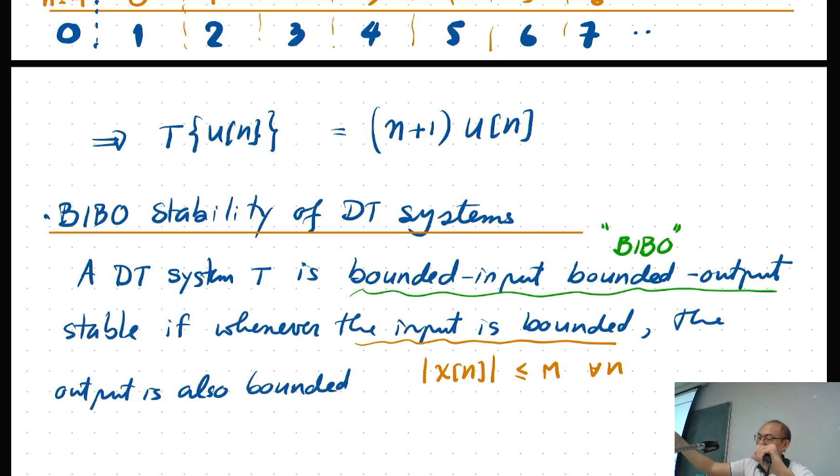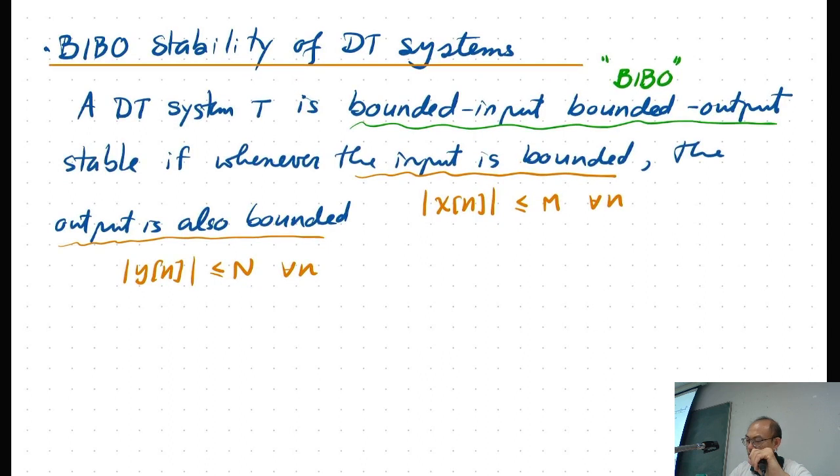It is bounded if you can find such an upper bound. Also, the output is bounded means that you can also find another upper bound for the output. So whenever there is an upper bound for the input, there is also an upper bound for the output. Whenever that is true, then the system is called BIBO stable, right?